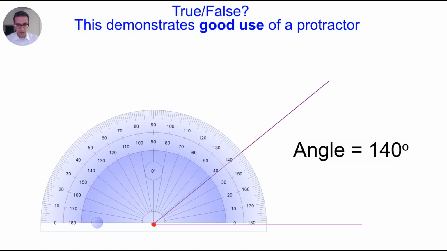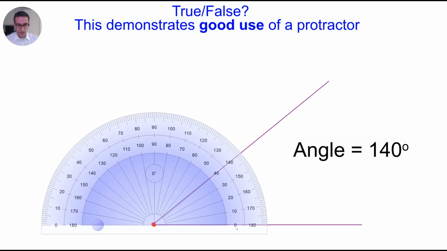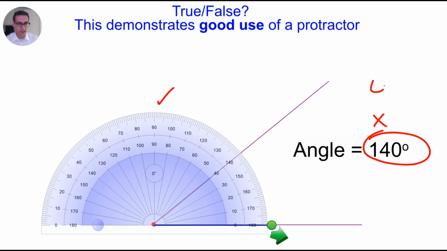And then I can see we're going to use the inside scale, the anti-clockwise scale, and that goes to 40. Now the protractor is being used well, but the wrong scale is being read. So we're not using the outside scale, we're using the inside scale because we have to start at 0. So this, I would say, is good use of protractor, but not good interpretation. So that should be 40 degrees.